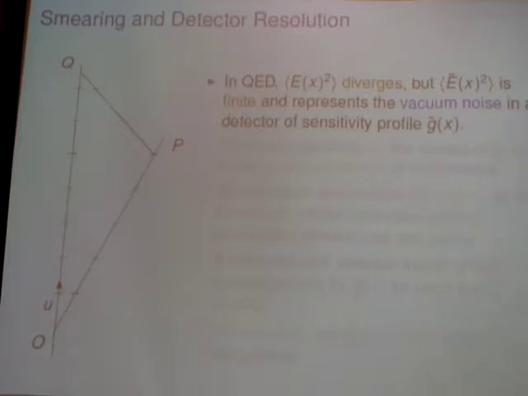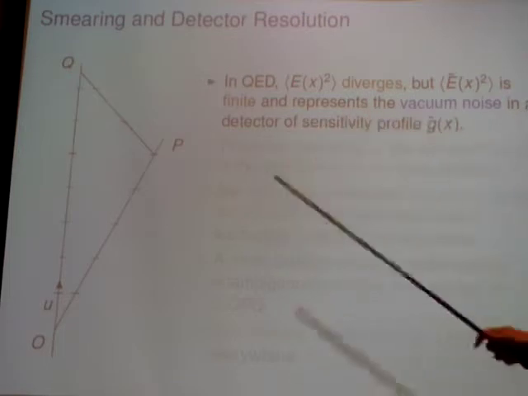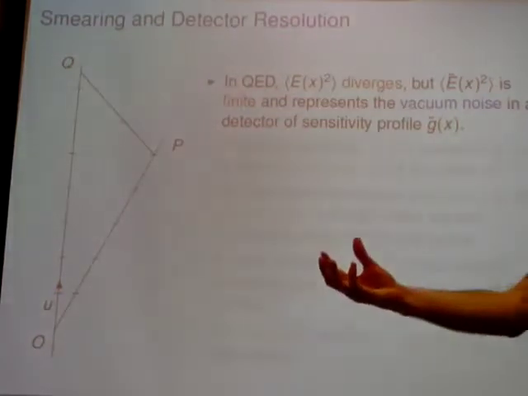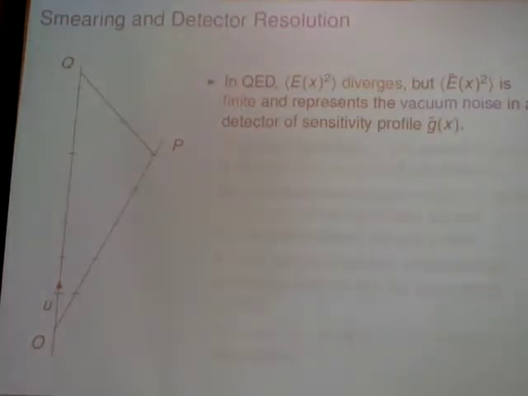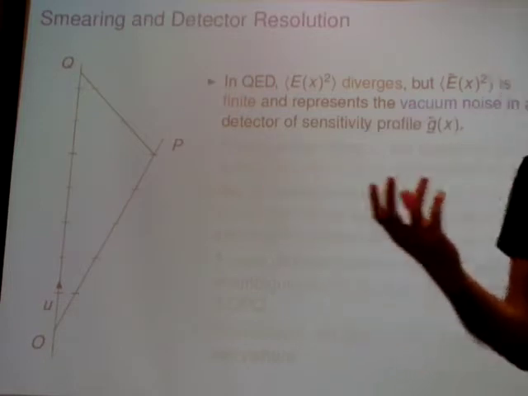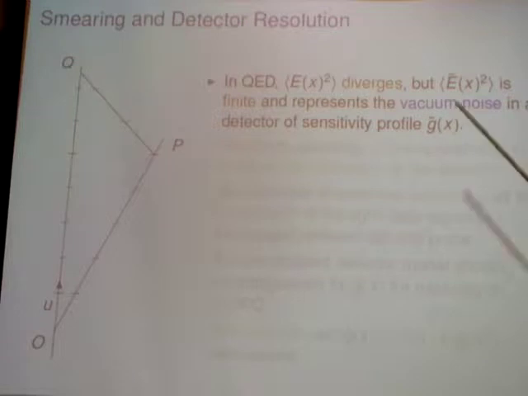Because if you want to measure the electric field at a certain point to then be able to compute the variance of your measurements, then you need to put a physical detector somewhere in the vacuum. This physical detector will never be able to tell you the electric field at a precise position at a precise time. It will always have some uncertainty built into it. So the detector will have some sensitivity profile. It will give you finite resolution in space and time. And different detectors have different sensitivity profiles.